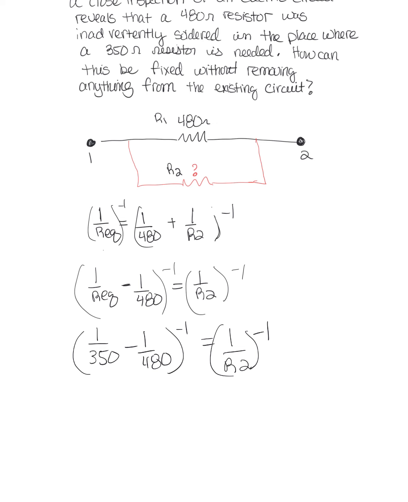And we don't want to know the inverse of R2, so we can just make this R2. Okay, so let's put that in the calculator. And I get 1292.307 ohms. So to 2 sig figs, that would be 1300 ohms is what we would need to put in right here to have an overall equivalent resistance of 350 ohms. All right, I hope this was helpful. Keep practicing.